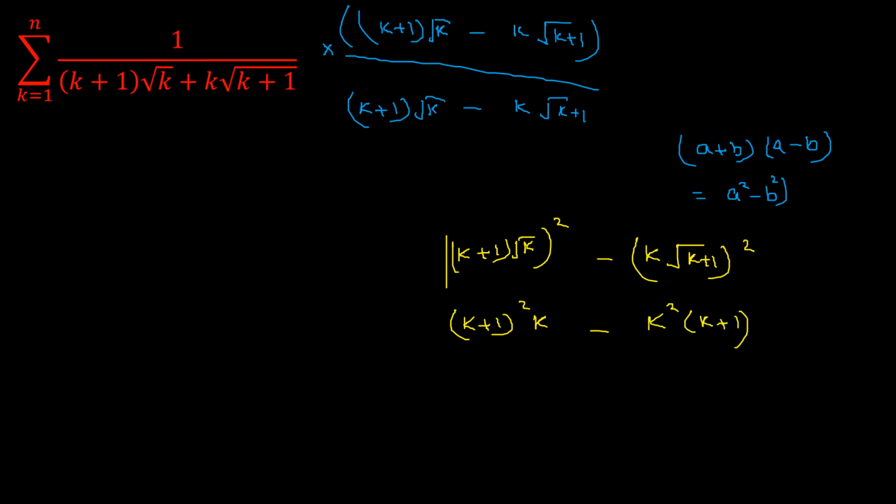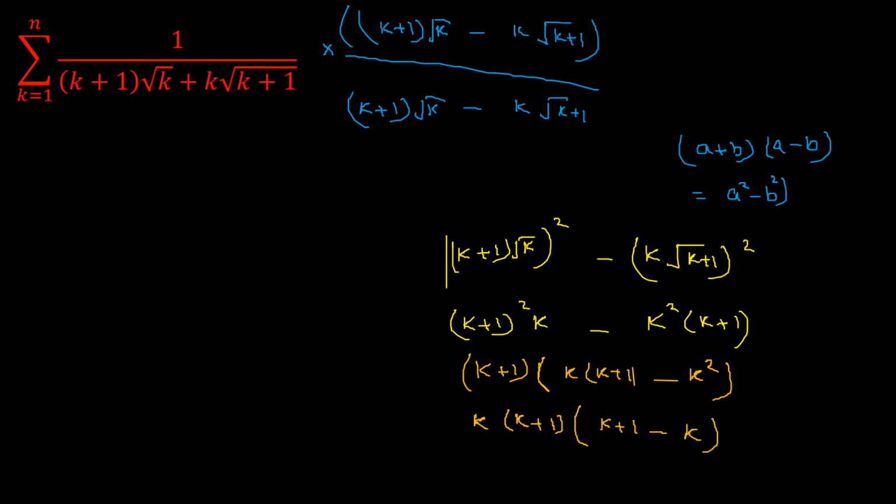First we take the common factor k plus 1, and we get k times k plus 1 minus k squared. Now k is also common, so we get k times k plus 1 minus k, and this cancels out and we get 1. So eventually the denominator is nothing but k times k plus 1.